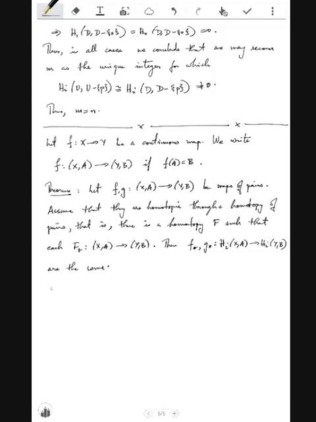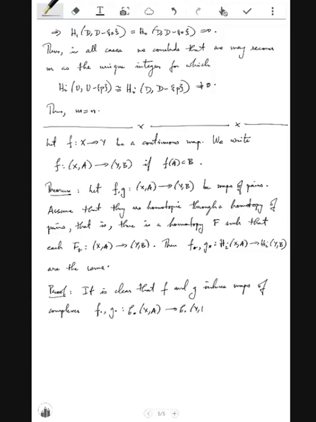So proof. It is clear that f and g induce maps of complexes f dot and g dot from C dot(X, A) to C dot(Y, B).